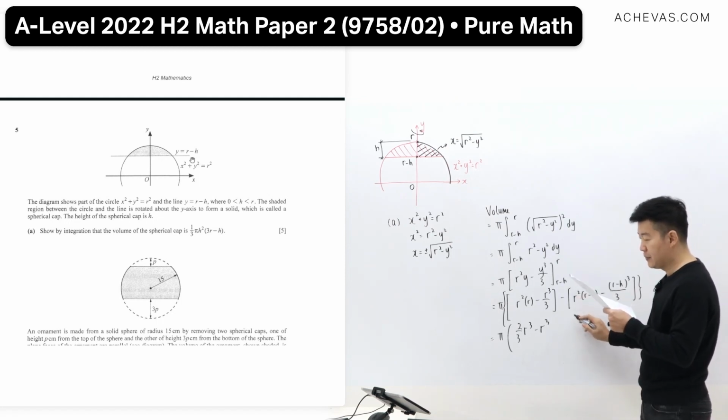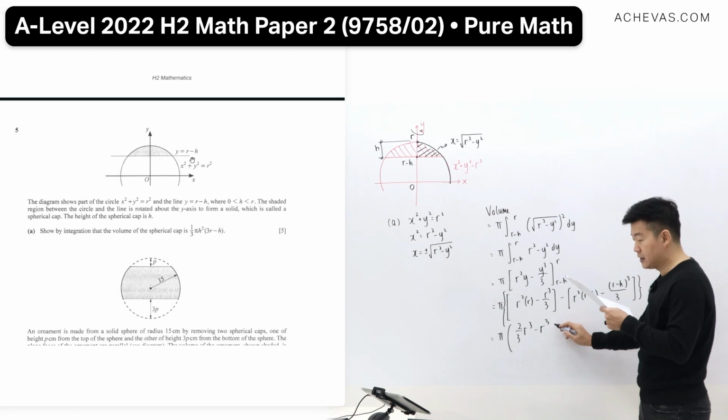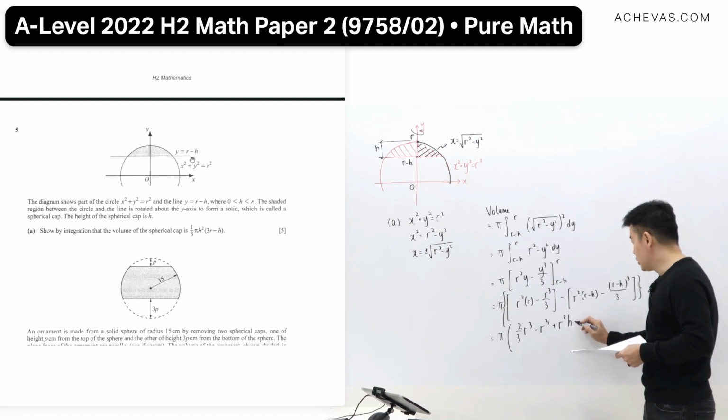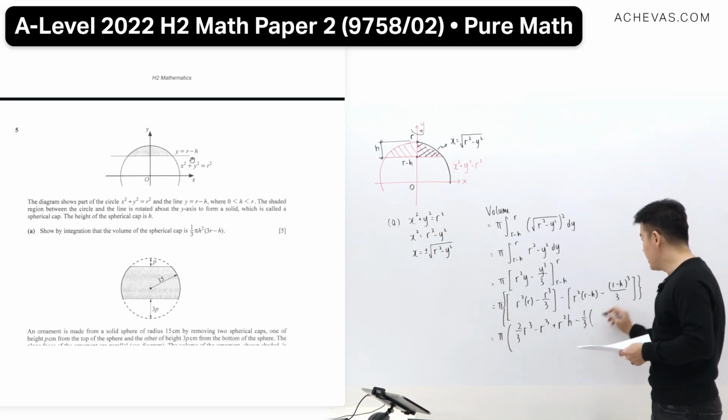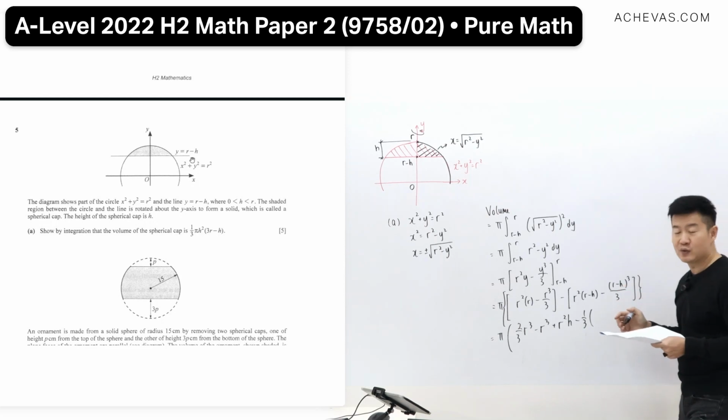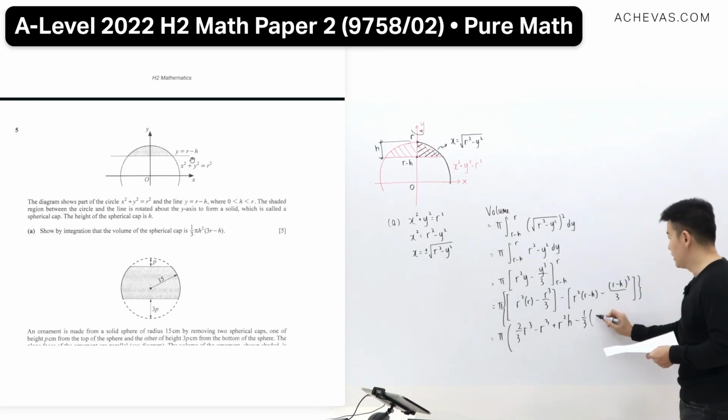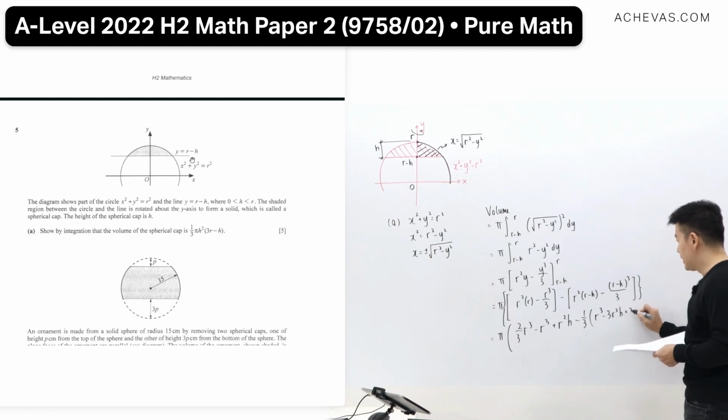We will have r squared multiplied by this, we will have a plus r squared h minus 1 over 3 of this, which I'm going to expand using binomial expansion, giving us r to the power of 3 minus 3r squared h plus 3rh squared, minus h to the power of 3.